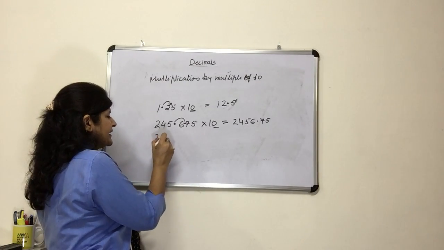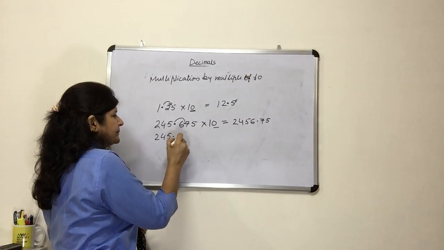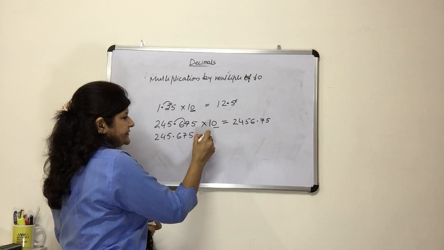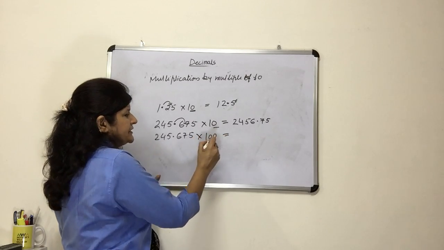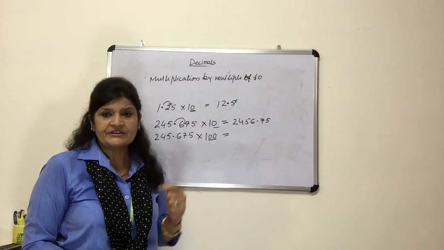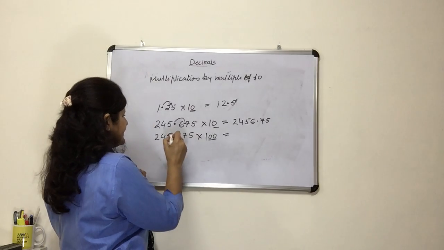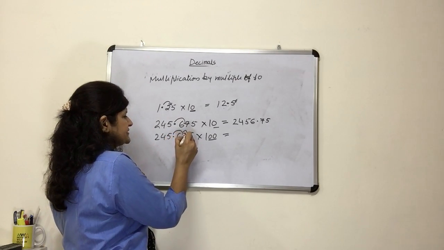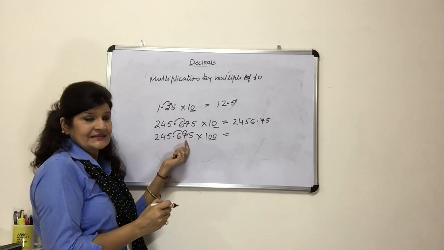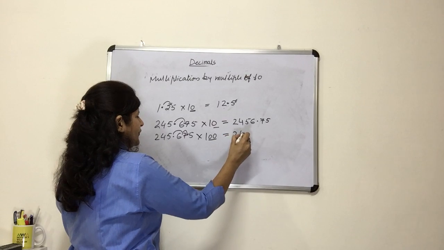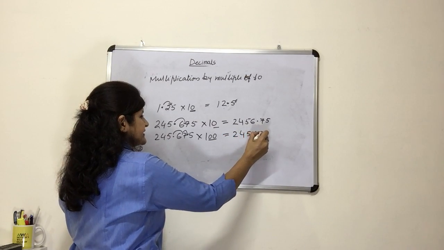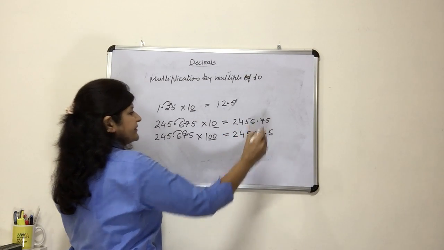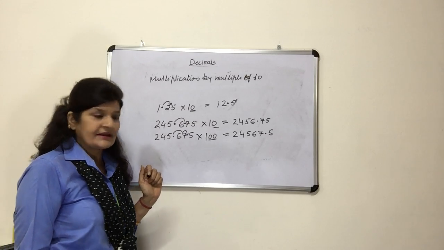If the same number I am multiplying with 100, the same number, so 00 means 2 steps. 2 steps means this is 1 and this is 2. So it will go after 7. So 2, 4, 5, 6, 7.5. The answer will be like this. Right?